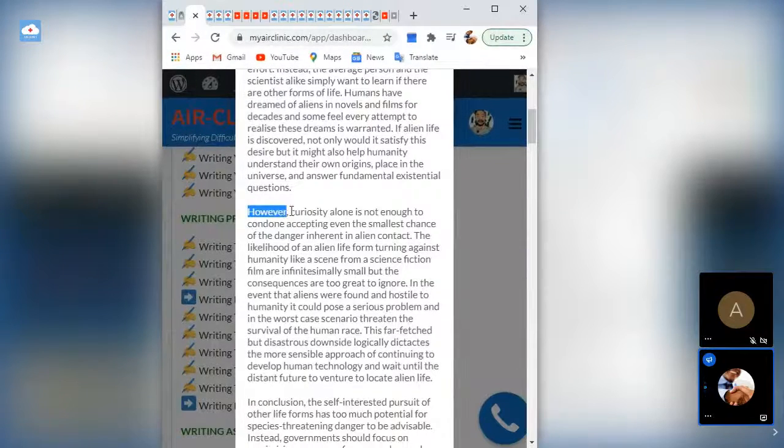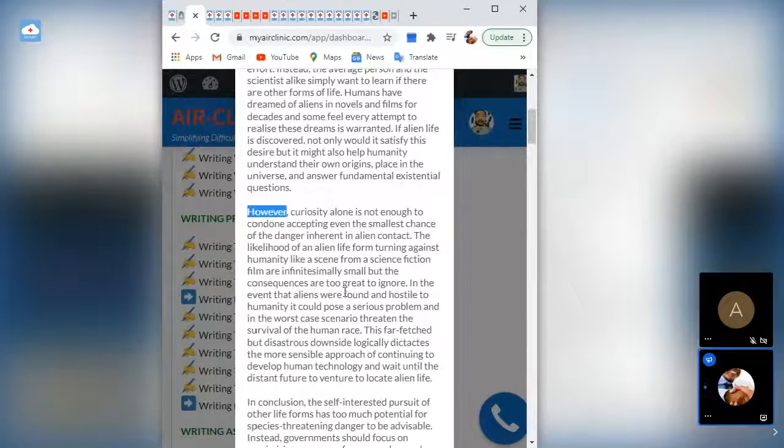Okay, so you now said, however, curiosity alone is not enough to condone accepting even the smallest chance of danger inherent in alien contact. The likelihood of an alien form turning against humanity, like a scene from a science fiction film, is infinitesimally small, but the consequences are too great to ignore. Okay, he has stated one.